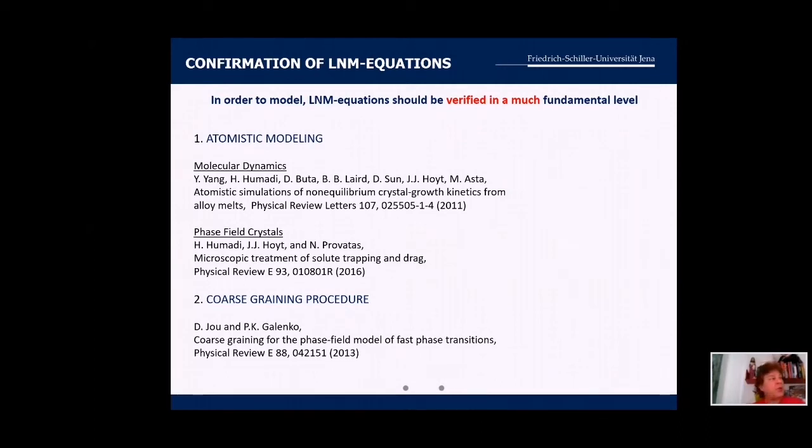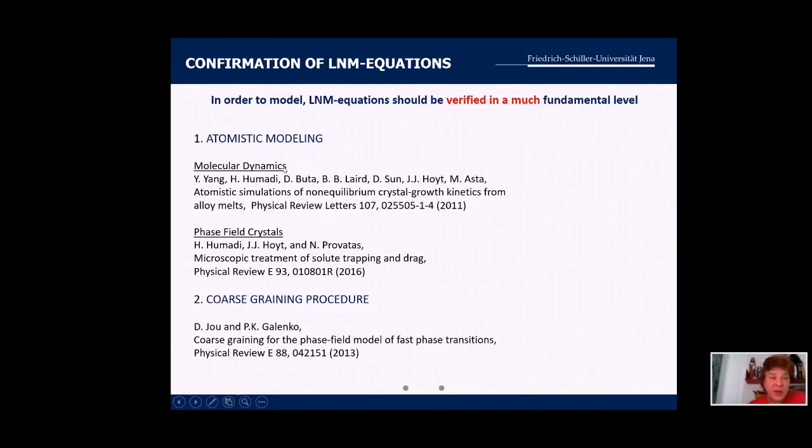Comparison should be made not only with the analytical traveling wave solution or with natural experiments, but also with the equations from the lower level, in our case, from the atomistic level of consideration.